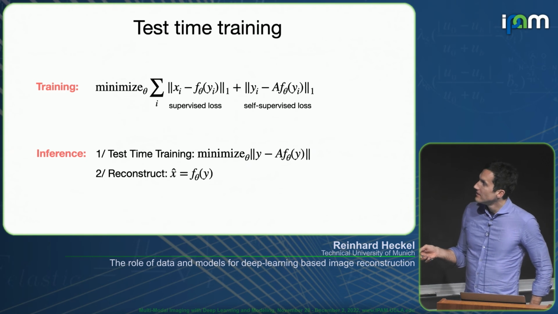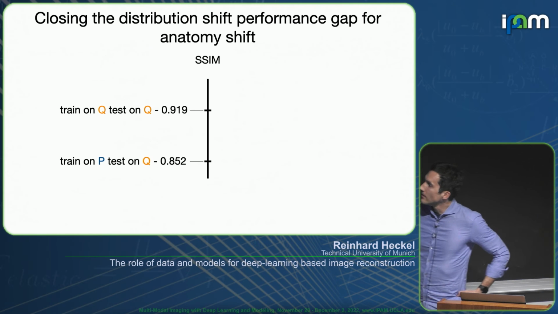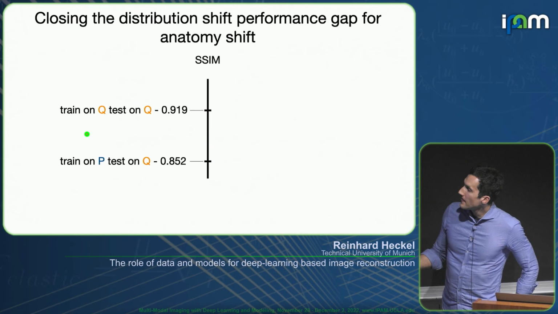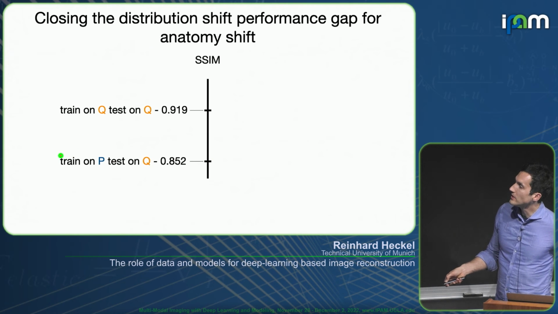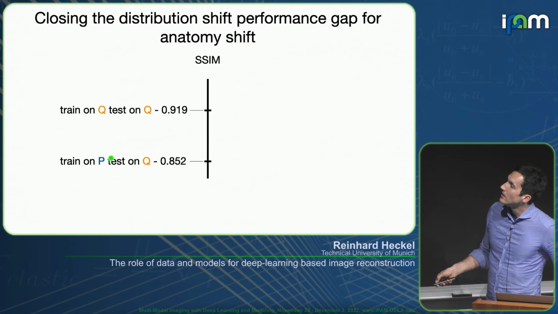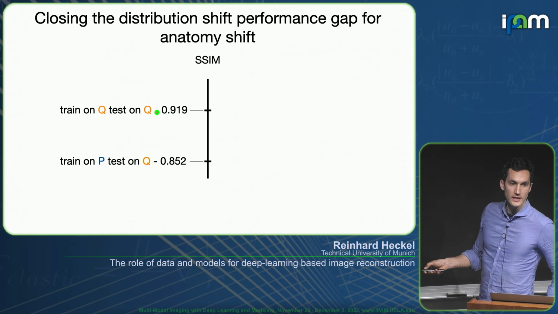Okay, so let's see how this works. Here, again, I have this coloring scheme. Let's look at the anatomy shifts again. If we train on P and we test on Q, then on average, that is the performance we get. Train on P means, for example, we train on the brains and test on the knees. Now if we train on the knees and test on the knees, obviously we're going to perform much better.